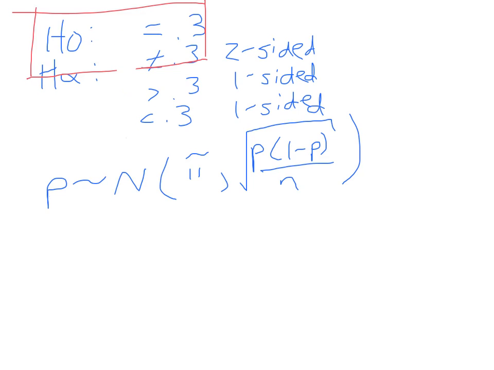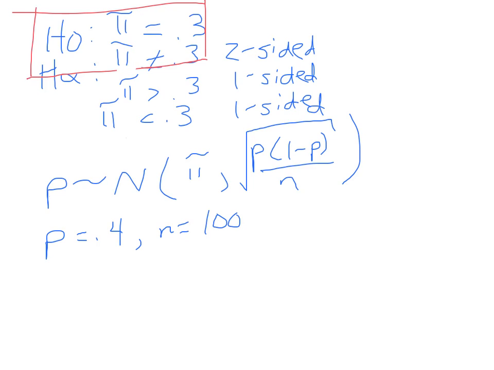I'm going to use pi, because most books use pi as the population proportion. So I collect my data, and my sample proportion P is, let's say, 0.4, based on N equals 100.